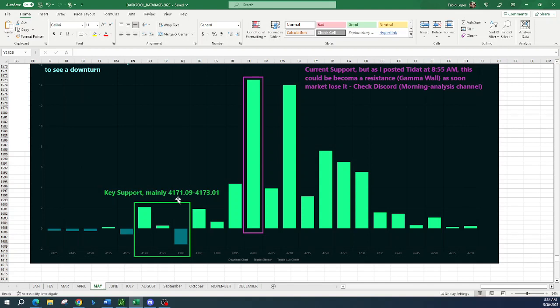I also highlighted it over here in the graph. So the gamma exposure is above, sorry, $500 million. It's a good time to see a pullback, to make us collect the money.